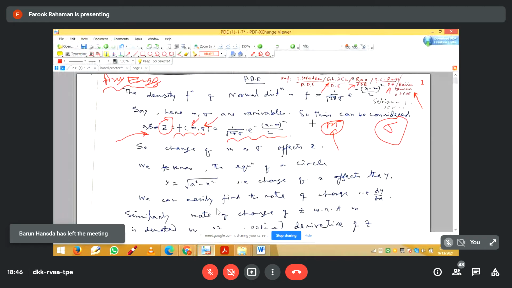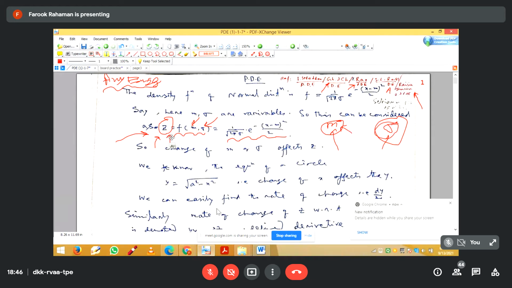Now, if we change only one variable, say m, and keep sigma fixed, then for the change of m, the function z, which is a function of m and sigma, is also affected. Also, if you keep m fixed but vary the sigma part, it also affects the function.